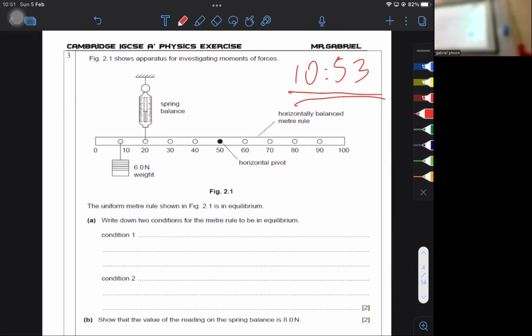So for example, this force multiplied by its distance is equal to this force multiplied by its distance. The line of the force here is supposed to be 1.8.